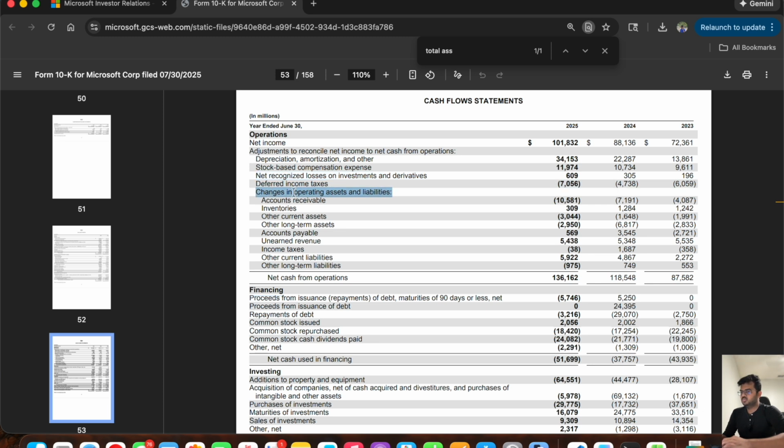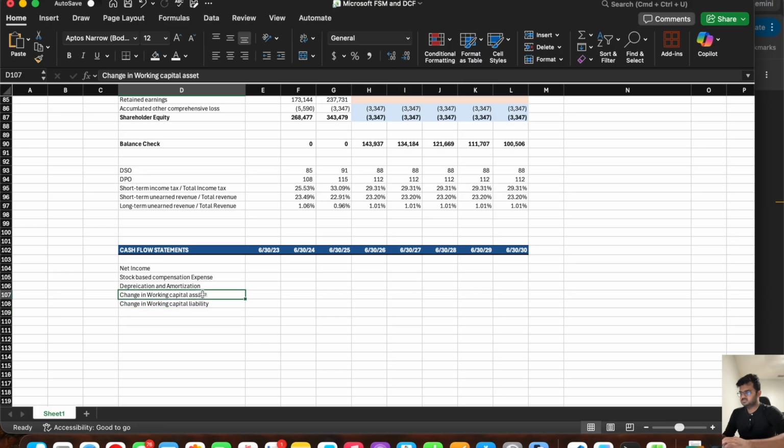The 10K report has one huge section for change in operating asset and liability, with all the items underneath it. But I'm just going to do it in 2 lines, calculating the total change in working capital assets and the total change in working capital liability, so my model doesn't look that cluttered, but by the end I'll capture all the items. Now I would do the summation of these and get the cash generated from operations.